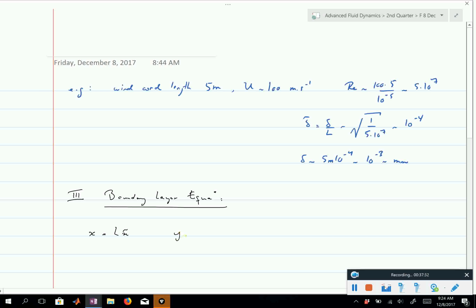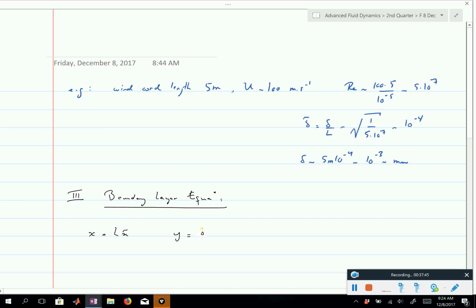But when we non-dimensionalize y, we only want to stay in a region where there will be rotationality, where there will be vorticity. Therefore, y is going to scale with delta. So y is going to be delta tilde.